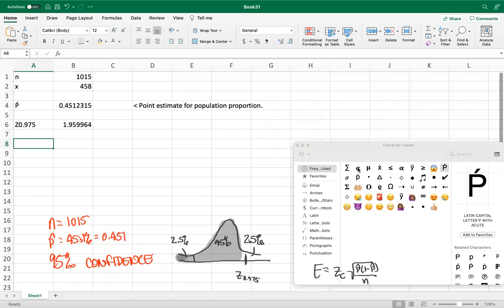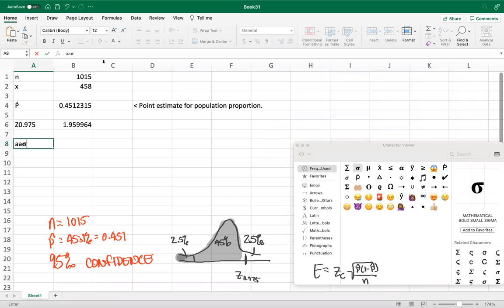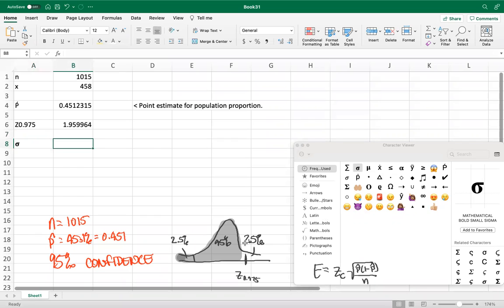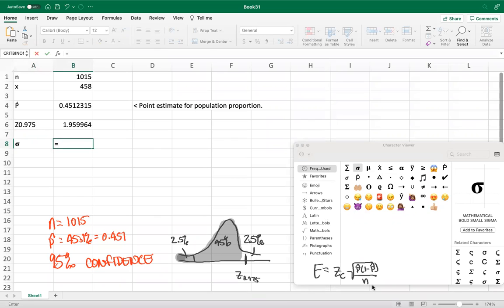But before we do that, we have to figure out what the standard deviation is. Here, the standard deviation we said was the square root of p hat times 1 minus p hat divided by n. So this is equal to square root, SQRT. Here we have a numerator and denominator, so I'm going to put parentheses for the numerator.